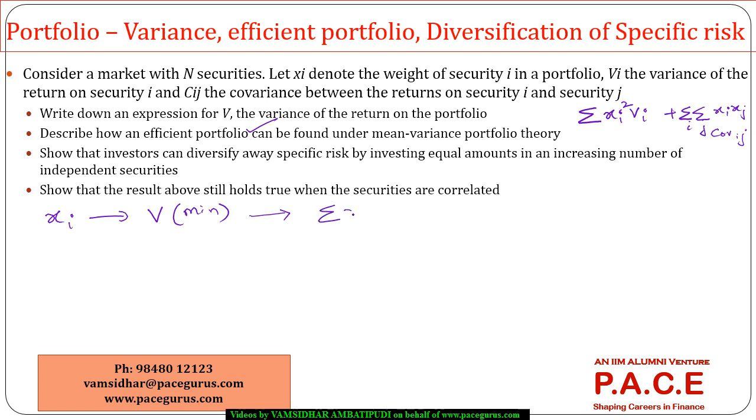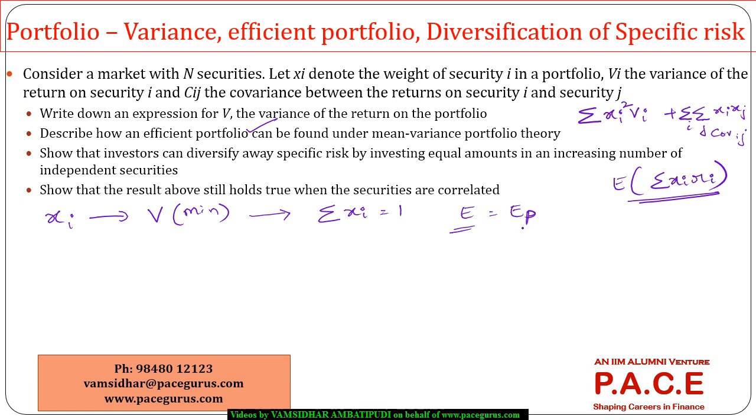The summation of all the weights should be equal to 1, and the expected return of the portfolio should be equivalent to whatever expected return I am looking at. So the return that the portfolio is giving, which is nothing but sigma xi ri, the return on each asset, should be equivalent to the required expected return for my portfolio.